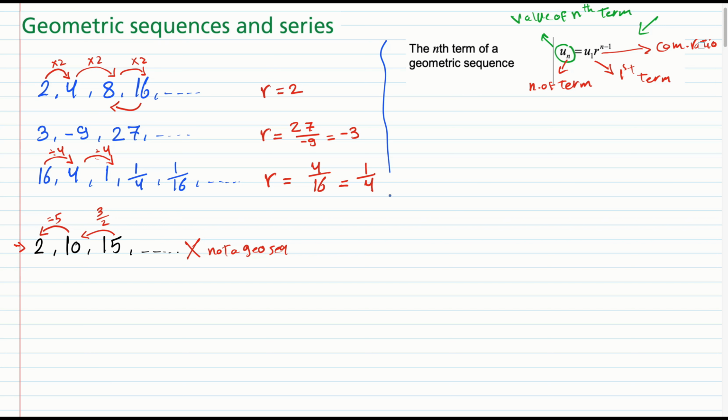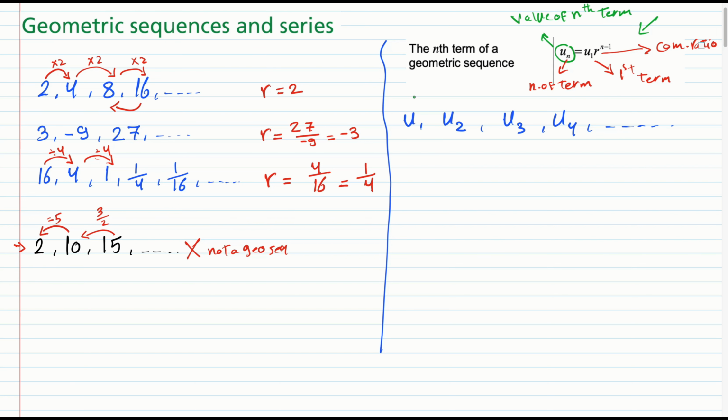So in any geometric sequence, you may write it as U1, U2, U3, U4, etc. and relate every term to the first term, U1.